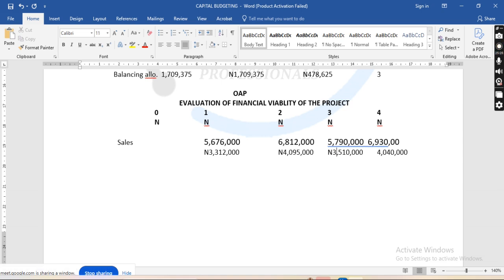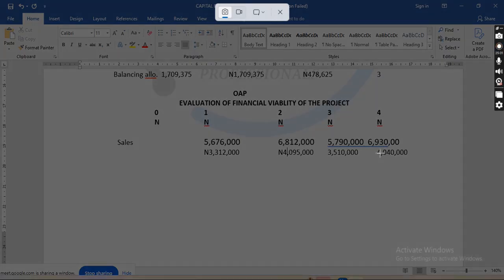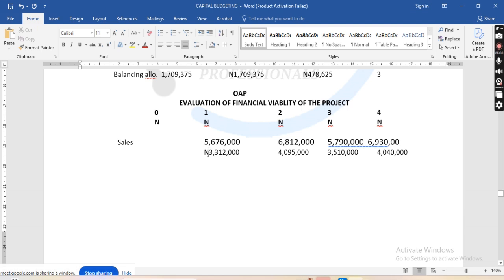Yeah, you're welcome. So this is the variable cost, right? I don't want to stress myself by saying contribution, and so on. I'm going straight to the fixed cost. Sorry, this is variable cost.